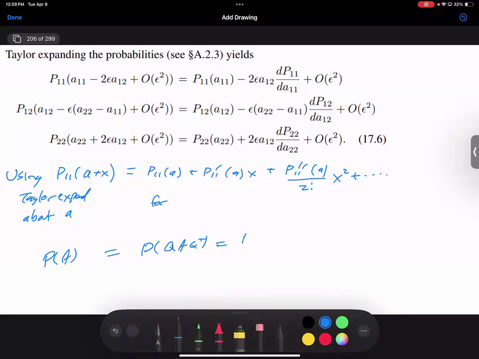And we can write this as P of A plus some function, let's say fancy F of A, times epsilon, plus some other fancy function of A times epsilon squared plus and so on. And we know these have to be the same as epsilon goes to 0. They have to be the same for all values of epsilon.